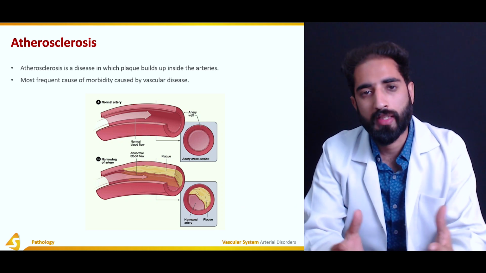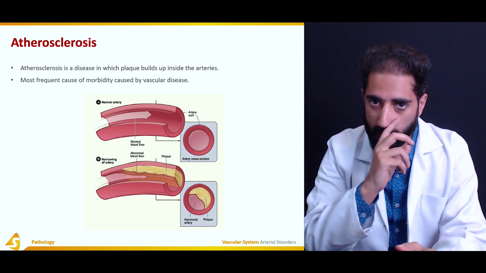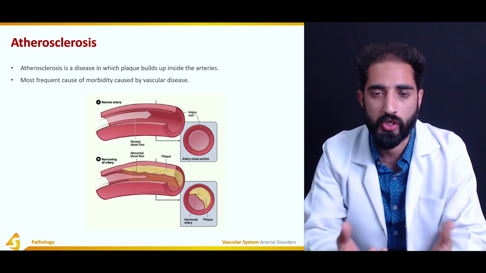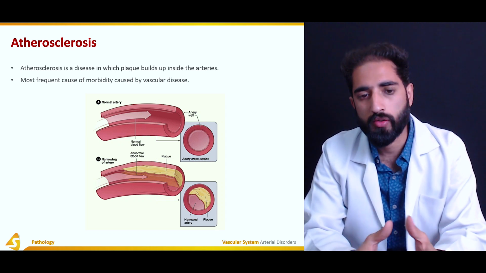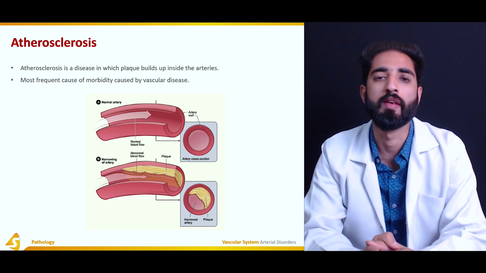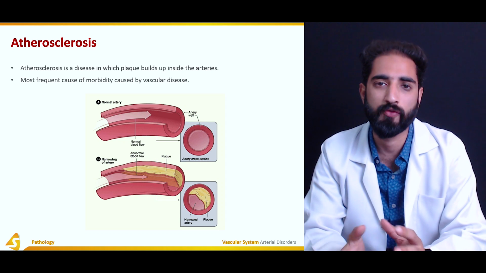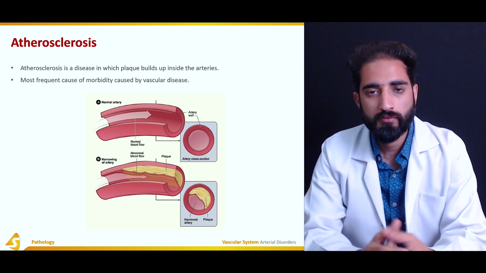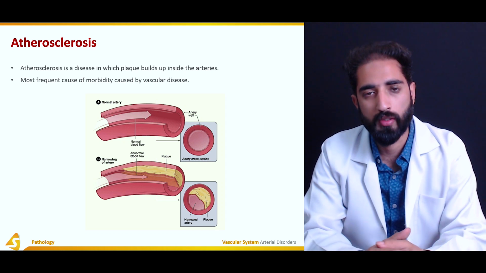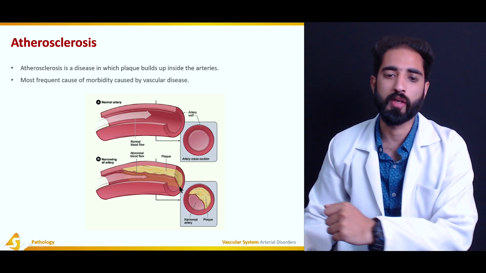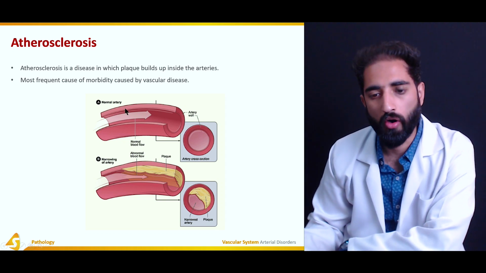Now let's talk about atherosclerosis, which is a very common term heard by different clinicians and patients as well. Atherosclerosis is a disease in which a plaque builds up inside the arteries, and that plaque is a fatty plaque. It is the most frequent cause of morbidity caused by any vascular disease. If you look at this picture, this is a normal artery.